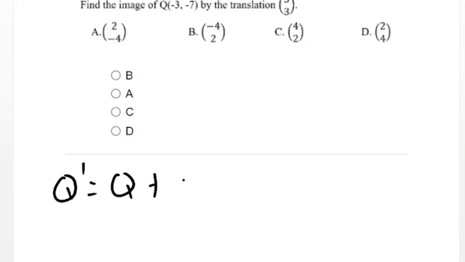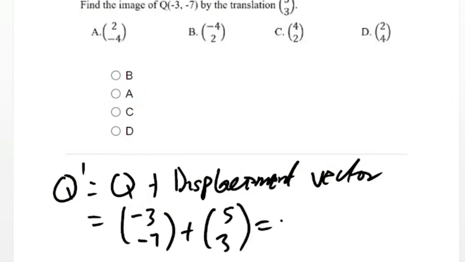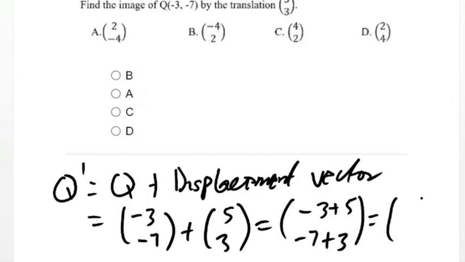Q is -3, -7, plus the displacement factor 5, 3. So that equals -3 plus 5, then -7 plus 3. -3 plus 5 is 2, and -7 plus 3 is -4.